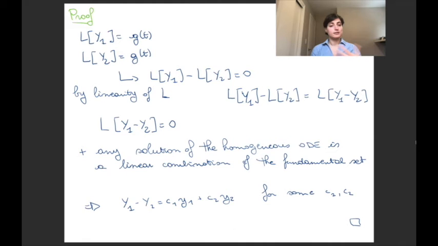But L of something equal to 0 means that something is a solution to the homogeneous ODE. On top of this, we know that any solution of the homogeneous ODE is a linear combination of the fundamental set. Therefore, we can write y1 minus y2 as a linear combination of the fundamental set.